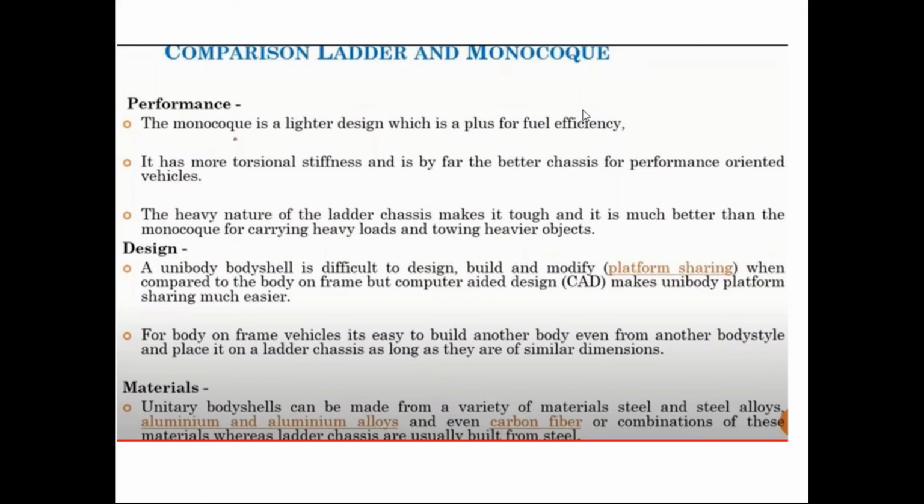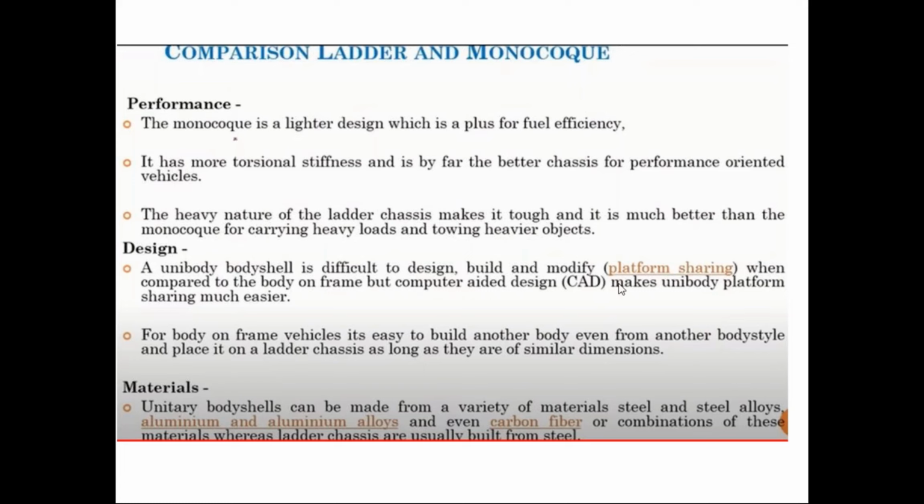Superstructure, in the sense, is the different covering of an automobile vehicle or metal body structure. So it has all its frames together with the chassis. So that's why the monocoque type of frame is most probably preferred.